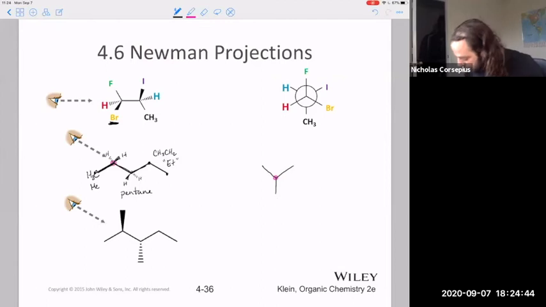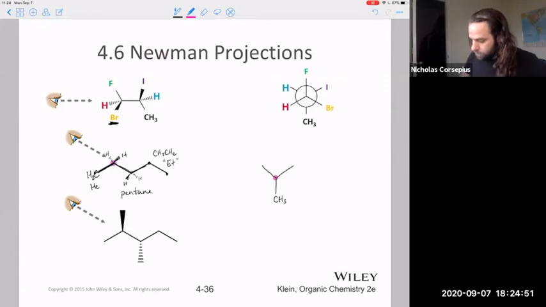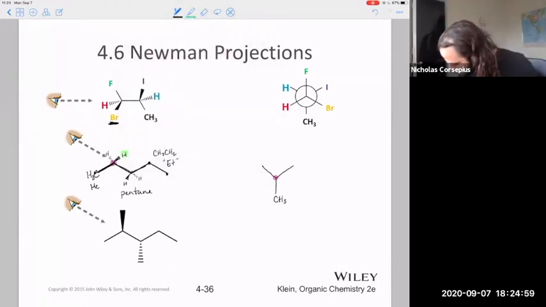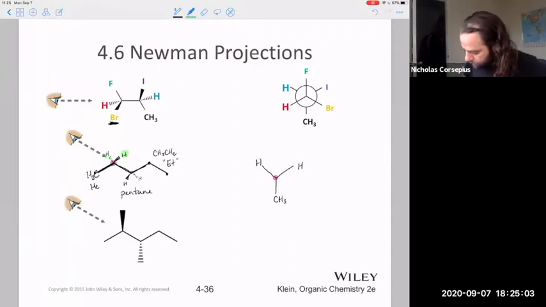And pointing down is going to be that methyl group. Pointing out of the page, I have one hydrogen, and then into the page, I have that other hydrogen. Okay, just so we can keep track of who's who here.